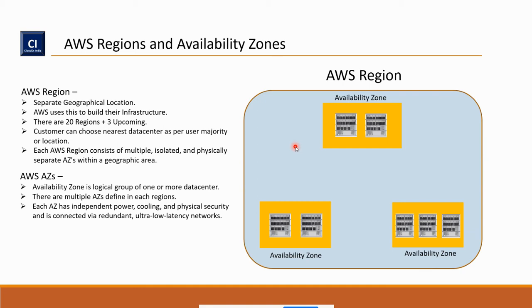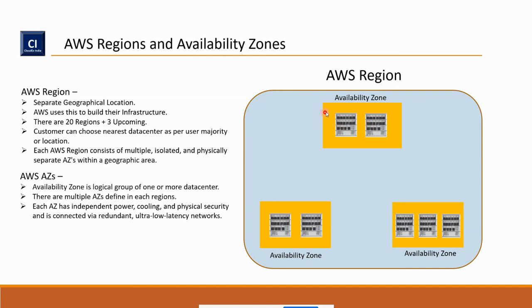Each availability zone, or AZ, has independent power, cooling, physical security, and they are well connected with an ultra low latency network. If we talk about availability zone one, under this availability zone there are two data centers, or maybe more than two. I just depicted this based on assumption, for your information.